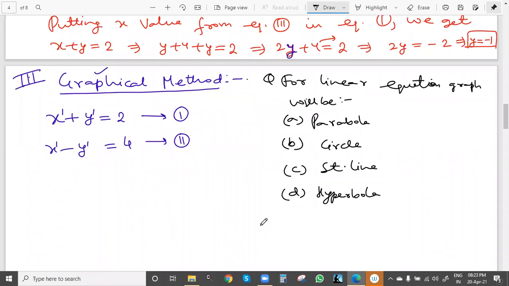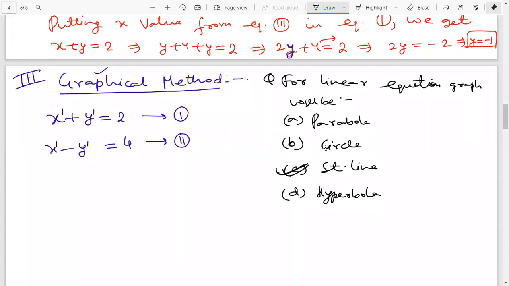Straight line. Rashul, option D. Based on your answers I can put ticks for the straight line, and 2 ticks for option D, hyperbola.